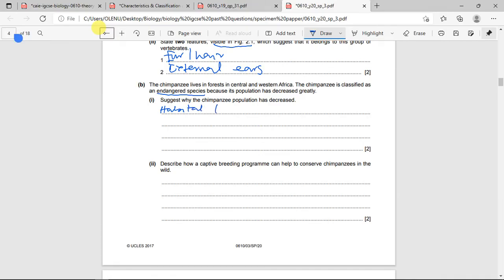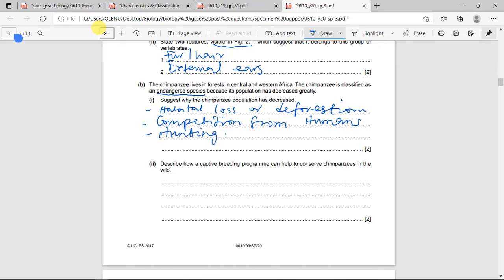Habitat loss, or you can bring in deforestation here. Because of increase in human population, there is more need for houses. Then we can also look at competition from humans. Another factor can be hunting.